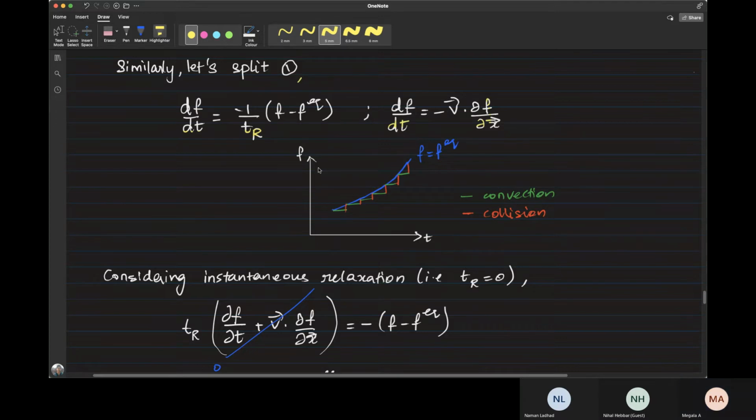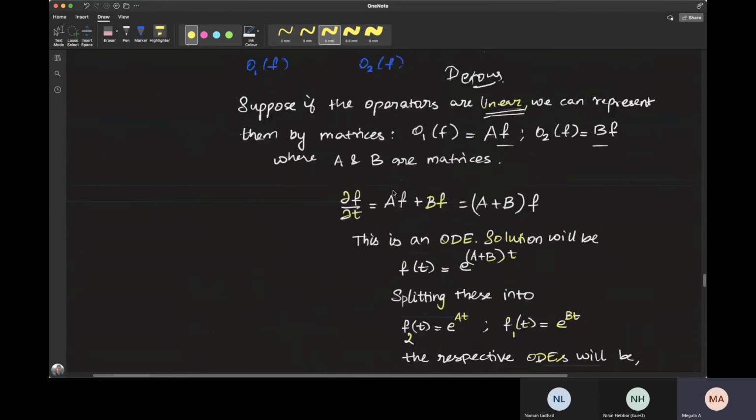So we are plotting f with respect to some time t, and this blue curve is the equilibrium distribution function. In this whole plane, we have f with respect to t, and this curve represents the equilibrium distribution function, f equilibrium.